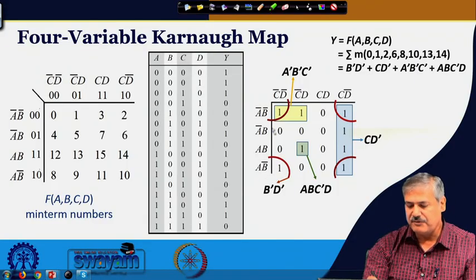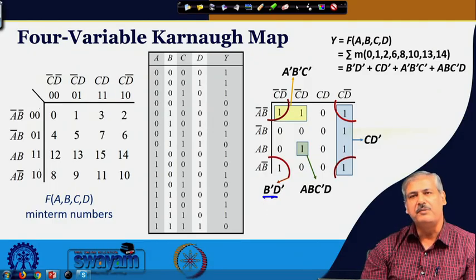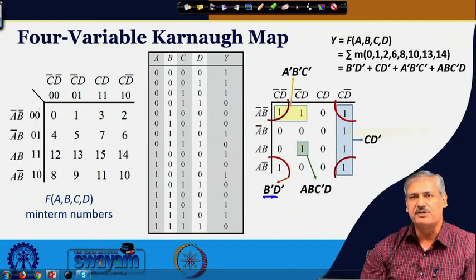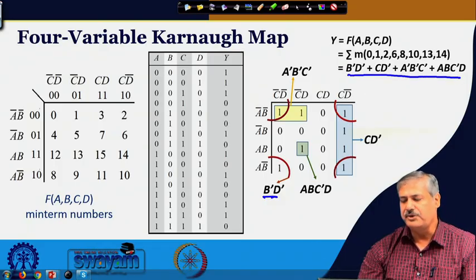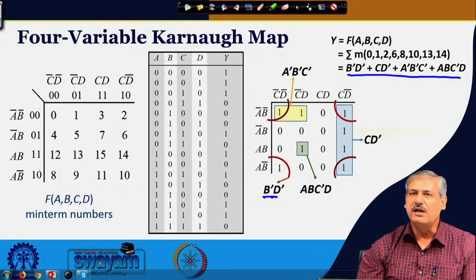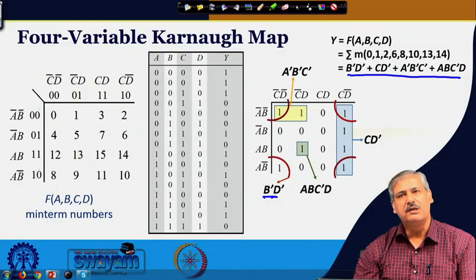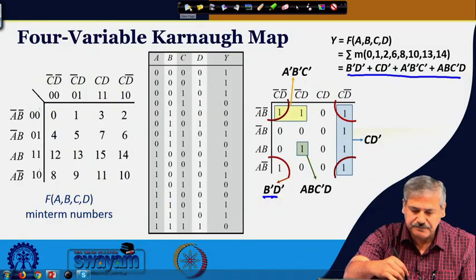B prime is constant for all these corners, and also D prime is constant. So, B prime and D prime is the other term. This is valid for a 3 variable problem as well. If we look at those corner values, we can see a logical adjacency. Ultimately, the 4 product terms we sum up, and we get the corresponding Karnaugh map representation.